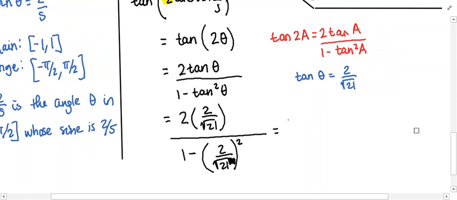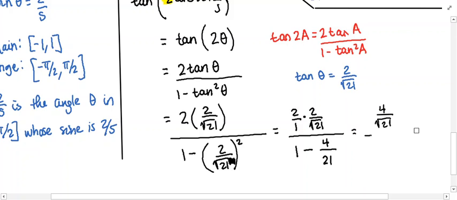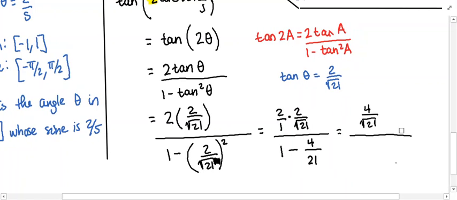In the numerator, this is going to be 2 over 1 times 2 over the square root of 21. In the bottom, we've got 1 minus, and we're squaring a fraction, so square the top to get 4, square the bottom to get 21, and then we just keep working. In the numerator, multiply across the top and across the bottom, and we get 4 over the square root of 21. In the denominator, we need to subtract the two fractions, so we need a common denominator.